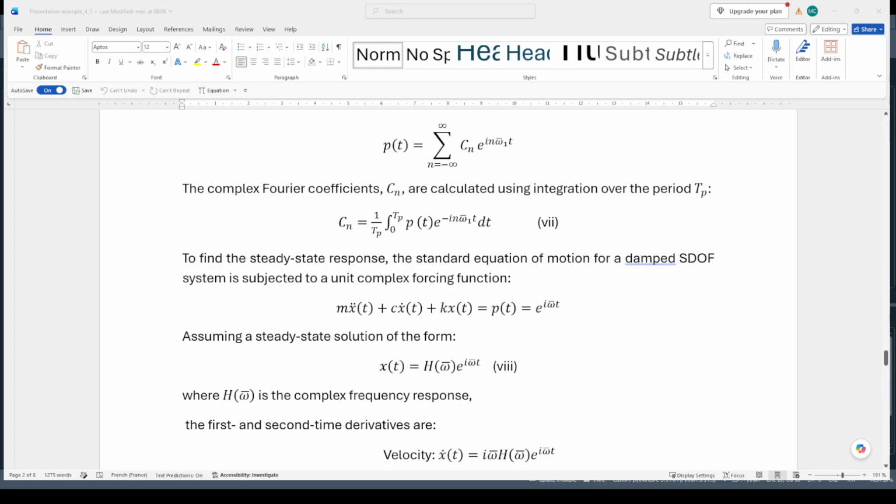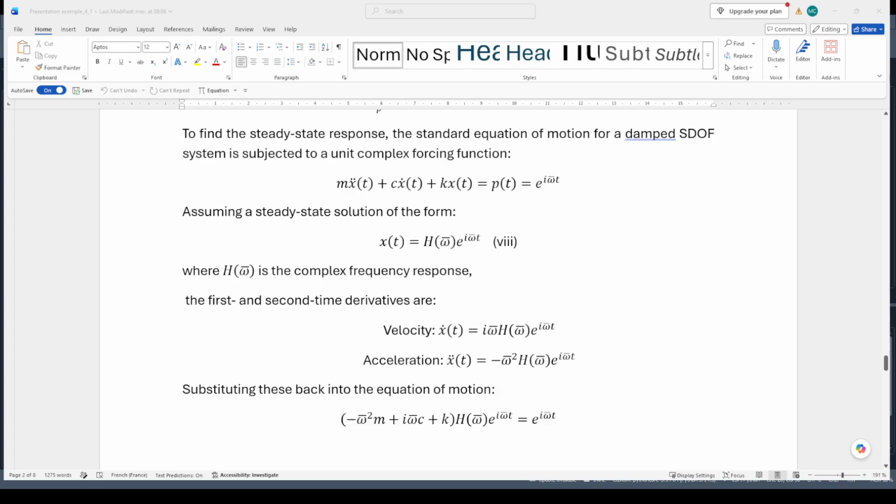So we can write p(t) equal to e to the i omega t, assuming a steady state solution of the form x(t) equal to H(omega bar) times e to the i omega t, where H(omega) is the complex frequency response.